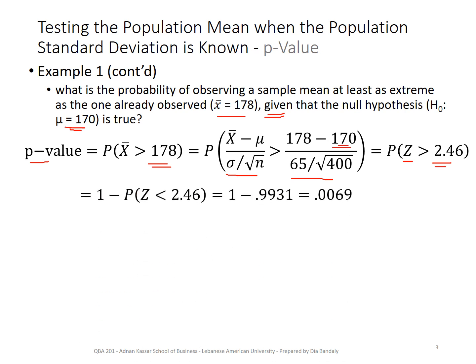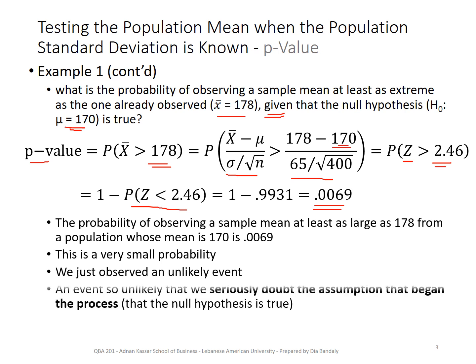I look in the Z table, but as you know, the Z table gives us probability from the lower tail to any specific value, but that's okay for us. So P of Z greater than a value is 1 minus P of Z less than that value. So we'll get 0.0069. It's a very small value, right?